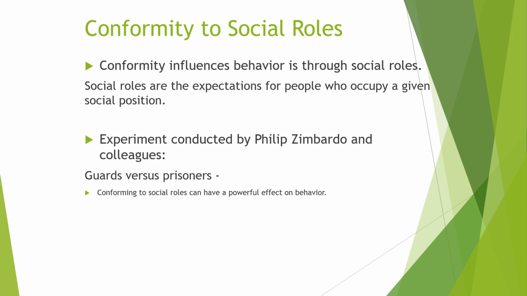This happened in Palo Alto, at a college campus. I think this was University of California, at the Palo Alto campus. They designated the volunteers as either prisoners or guards, and they made the ground floor of the psychology department into a prison type of situation.